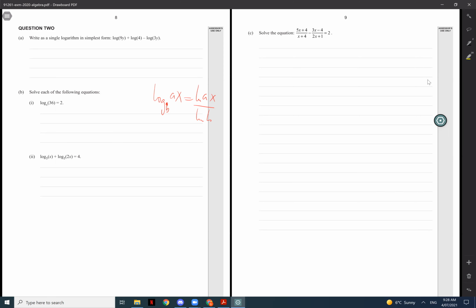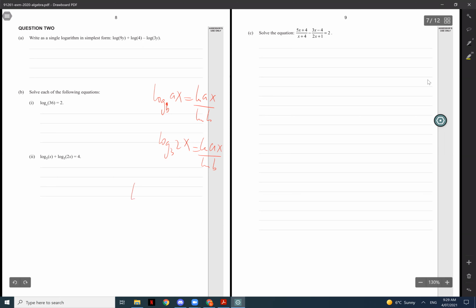Find A and B. For this question, it asks you to find A and B, like log 3 of 2x equals ln AX over ln B. Oh, this is just the change of base formula.